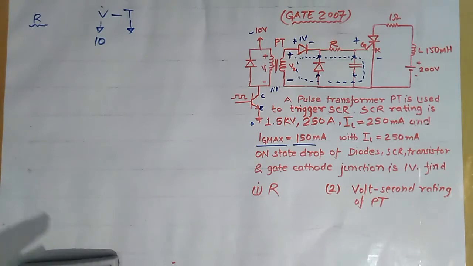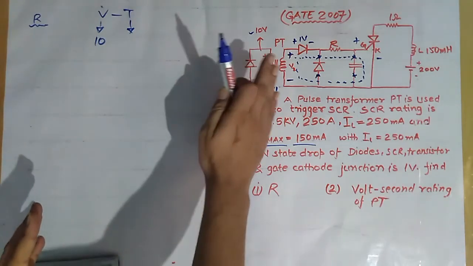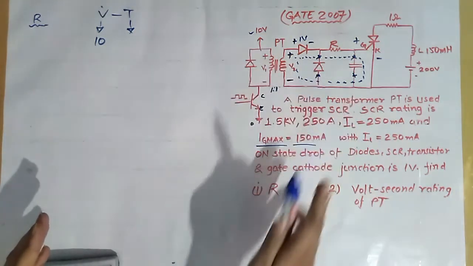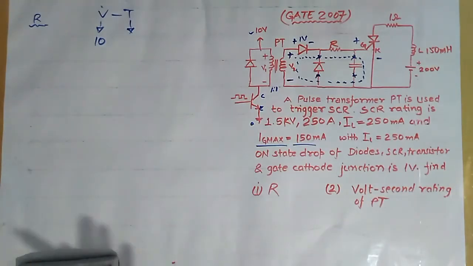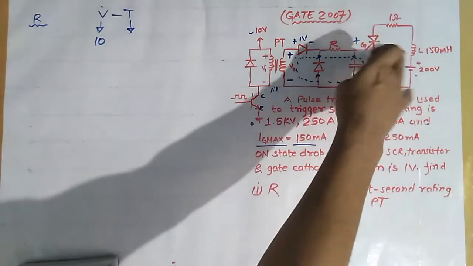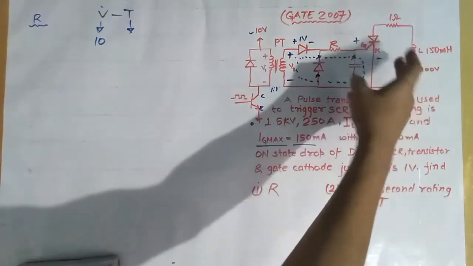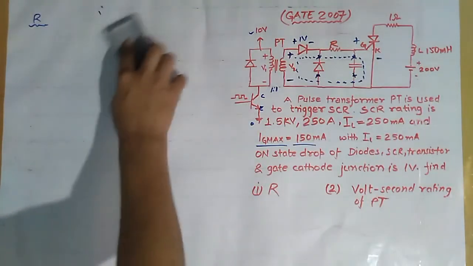Or in short, we have to find the time during which the anode current becomes equal to the latching current. So how can we find this?